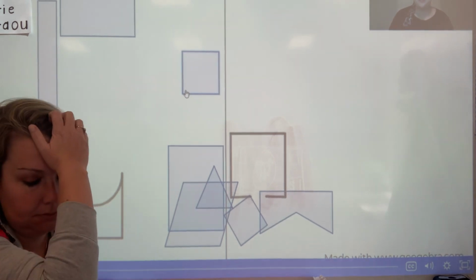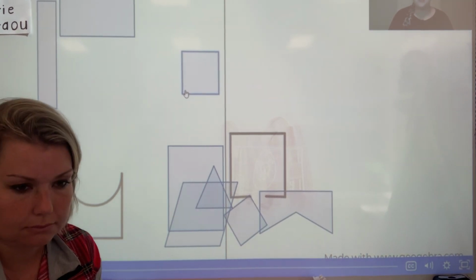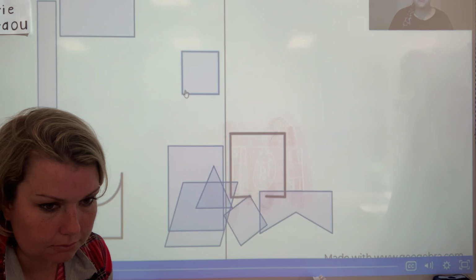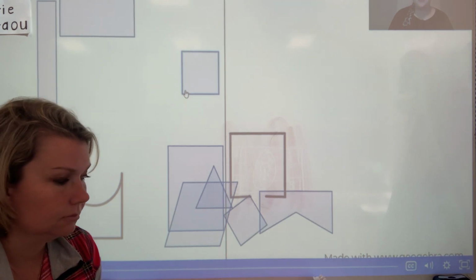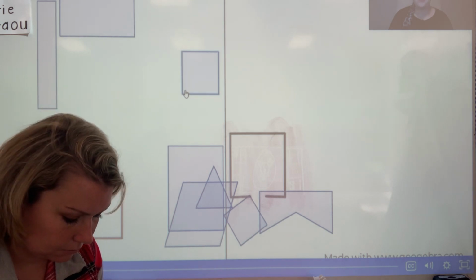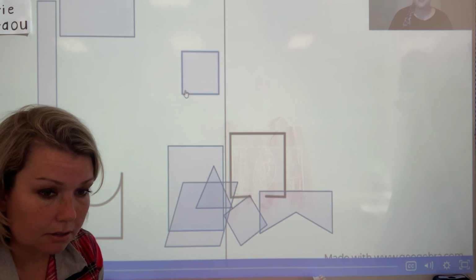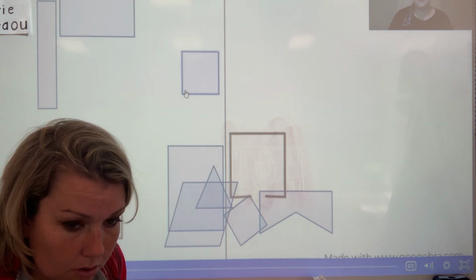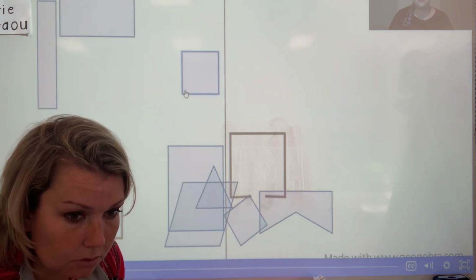Carolyn? It has four sides and four corners, and it's not a rectangle.